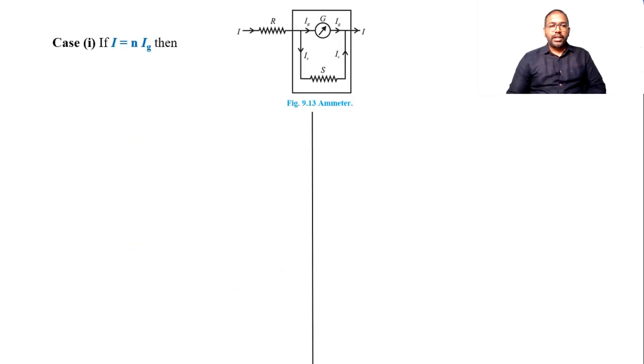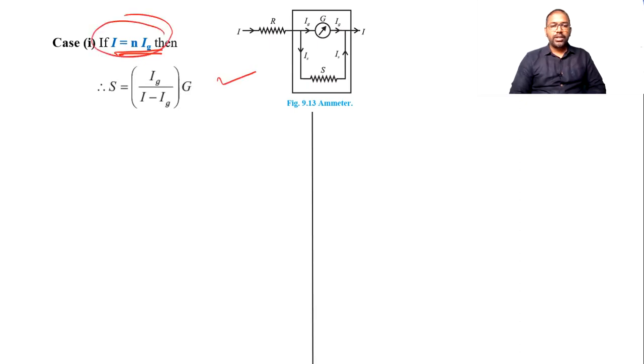Now let's learn a modification of the same formula. If I is equal to N into IG, meaning the total current is N times the current passing through the galvanometer, then in the formula of the shunt we substitute I is equal to N into IG and simplify.